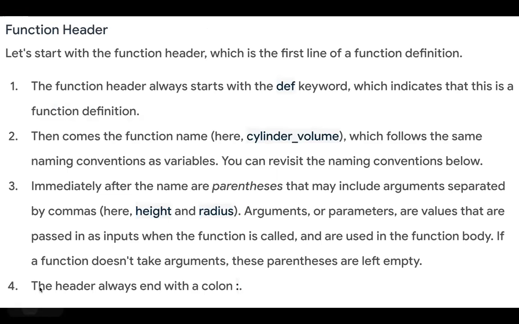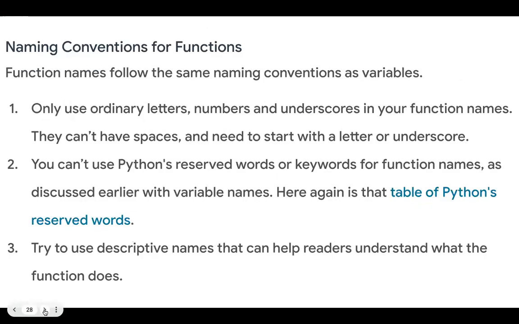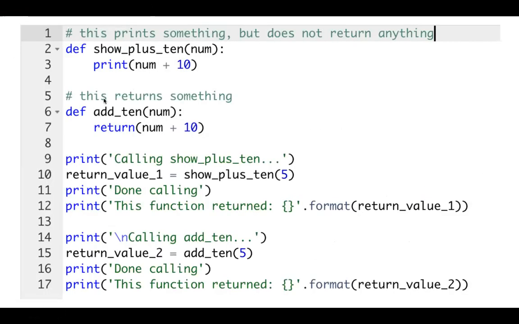So let's see some examples here. I want you to understand the difference between return and print. So here is the first definition of a function, def keyword. Then we have a name of a function, the brackets, and the parameter.